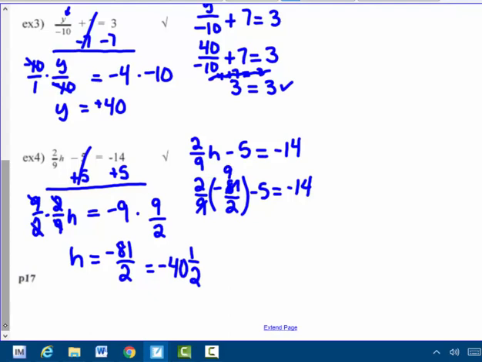And I have, the 2's can cancel. And I have negative 9 minus 5. Don't have to show this line in my check. Negative 9 minus 5 more, same signs, add and keep. Negative 14 does equal negative 14. Yippee! Right answer. And that's it for today's video. We're going to practice this in class tomorrow.